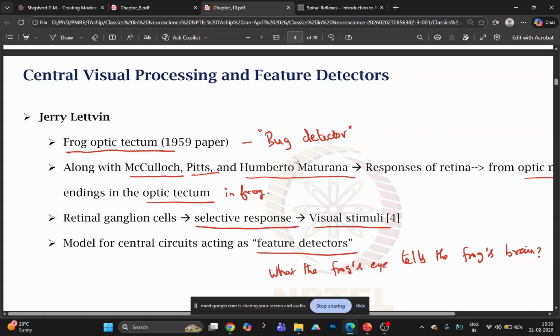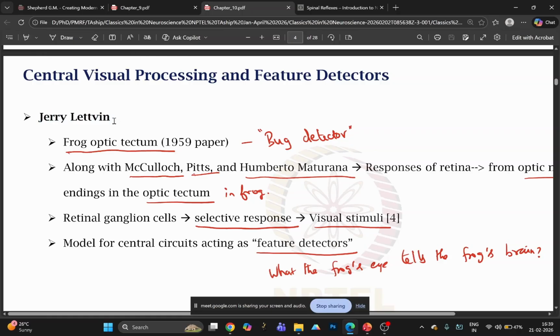So people were trying to understand also the visual center: how is the processing happening, how is the information that is being seen by the retina being processed, what kind of processing is happening in the brain of the sensory information, and how are features being detected. That is something people still hadn't found at that time.